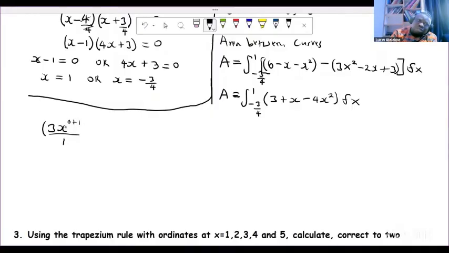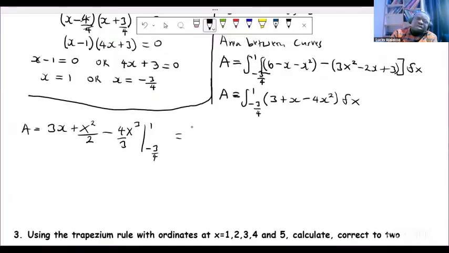So this will give me 3x. Then this, of course, is like saying x to the power of 1. If I add 1 to that, that will be 2, then divide by that 2. Minus 4x squared: I will add 1 to this 2, that will be 3, then over 3. Then my limit still stands, 1 and minus 3/4.